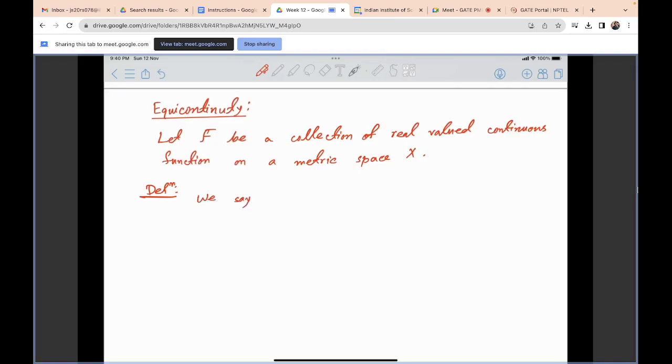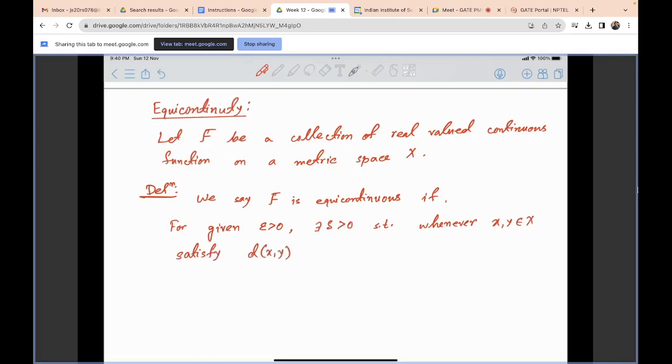So we say F is equicontinuous if for given epsilon greater than 0 there exists a delta greater than 0 such that whenever x and y belong to X satisfy the distance of x, y is less than delta, we have mod of f(x) minus f(y) is less than epsilon, and this is true for all f in this collection.